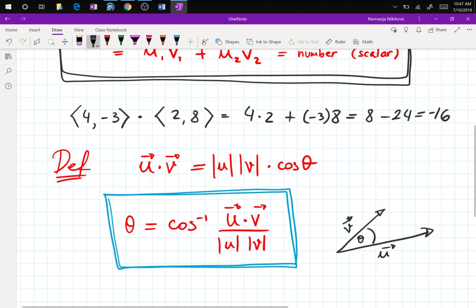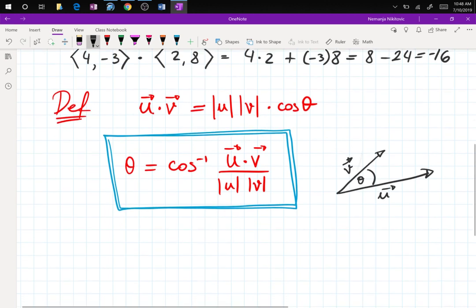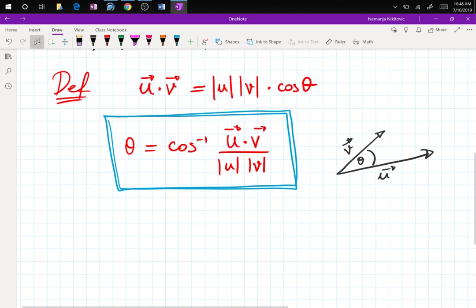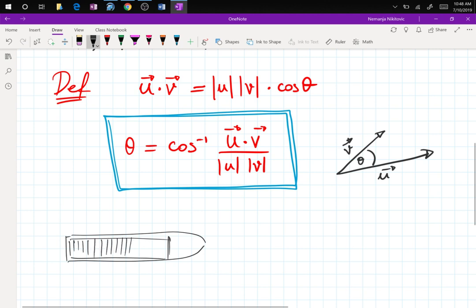So we can calculate the angle between two vectors, and again, that angle would be important. You can think about, let's say, a huge tanker ship, or any cargo ship, right? There's a lot of stuff on it.